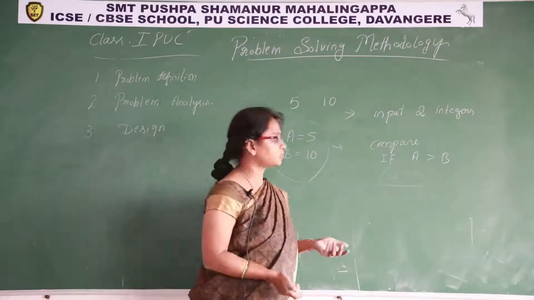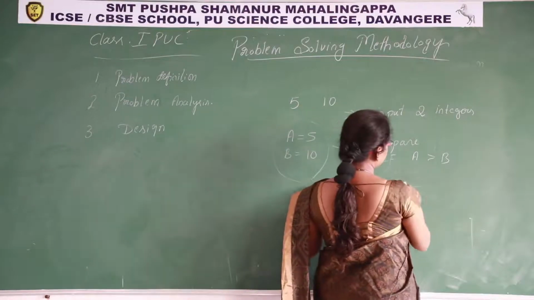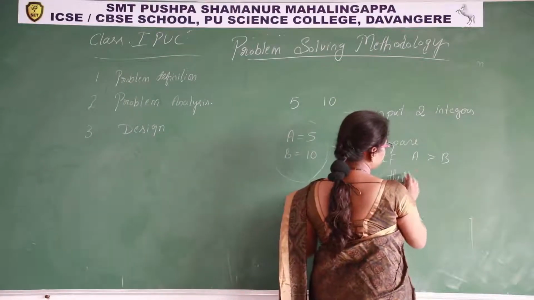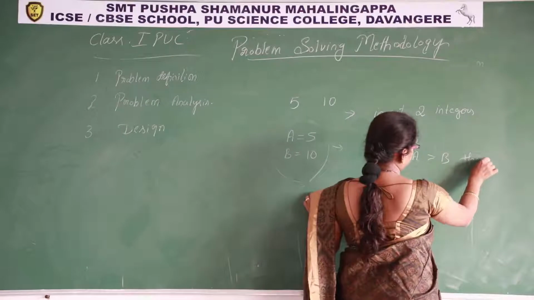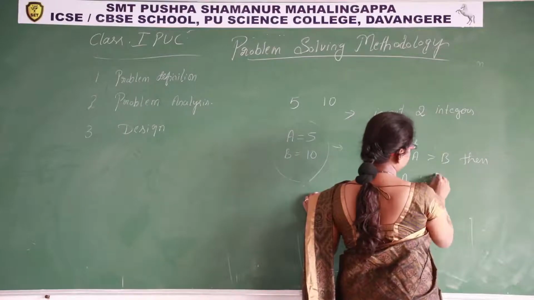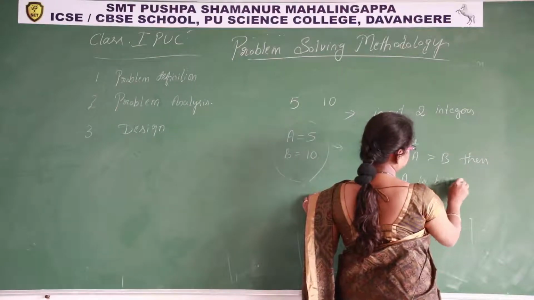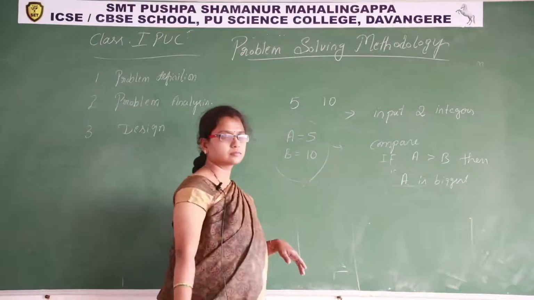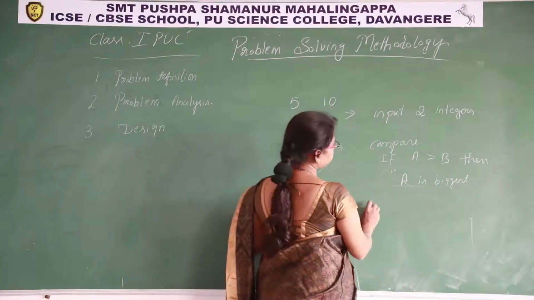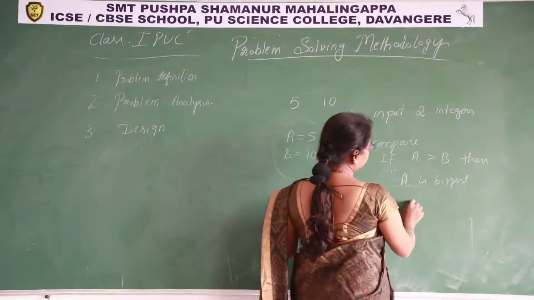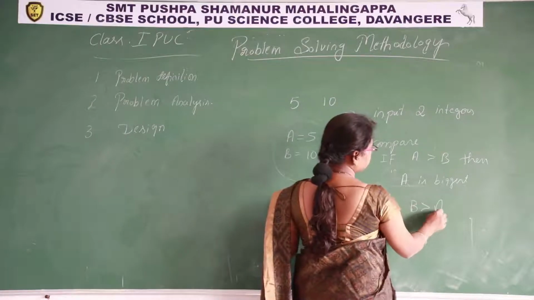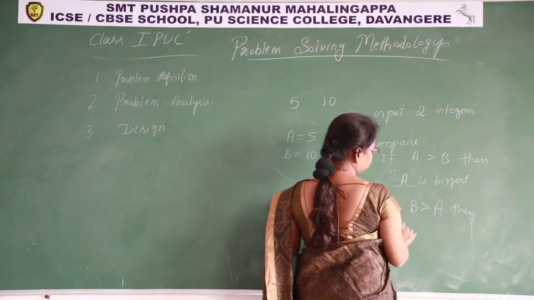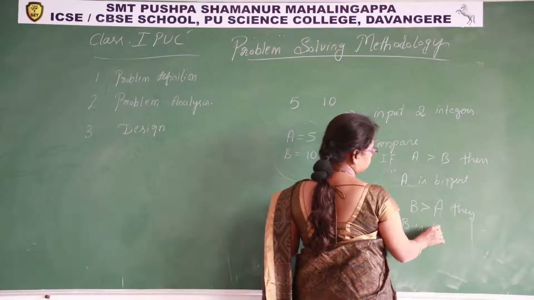A is biggest. If B greater than A, then B is biggest.